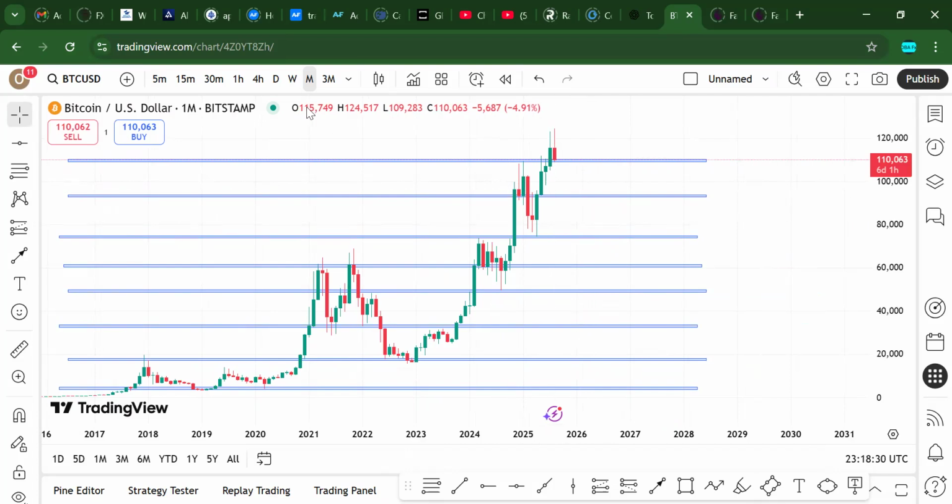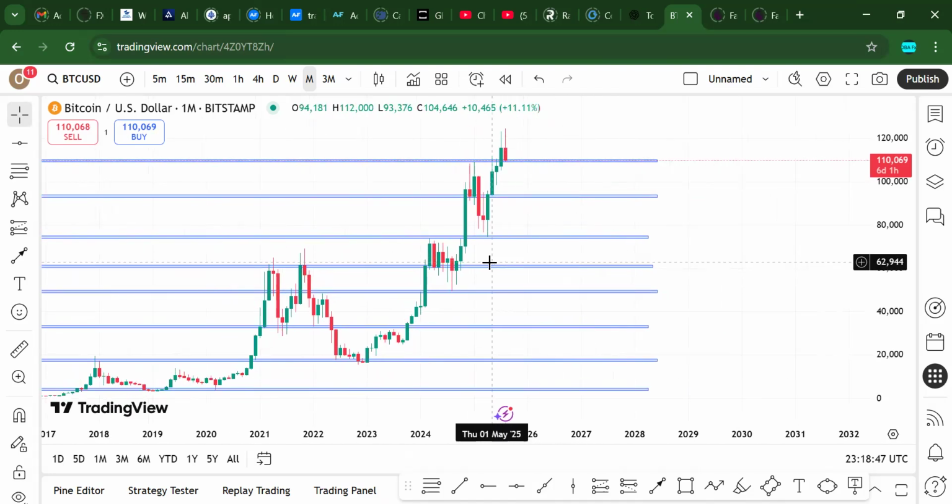As you all know, I like starting my analysis from the higher time frame, and currently I'm on the monthly time frame. Generally what I try to get from the monthly time frame is the general direction of the market. Just merely looking at the chart, we can see that Bitcoin has been making a series of higher highs and higher lows.